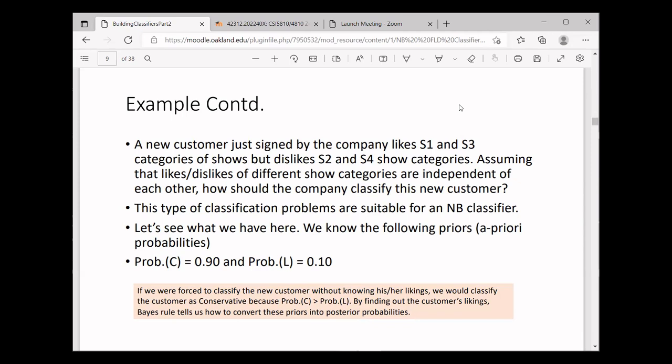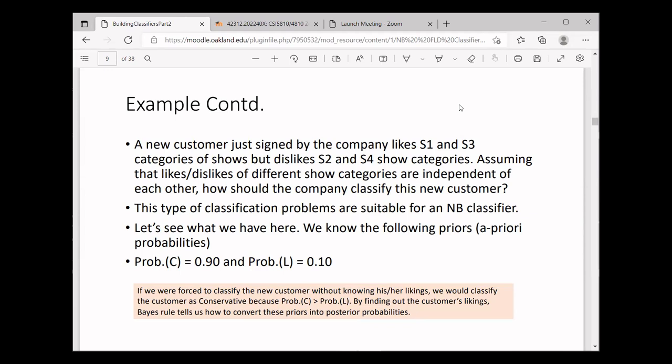All right. So this is the kind of problem which is easy to solve with the naive Bayesian classifier. So let's see how we will do it. Let's look at the a priori probability. If you pick a random customer from this company, what is the probability that that customer is going to be a conservative customer?